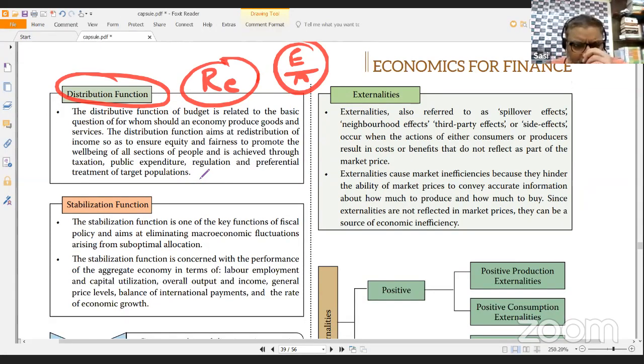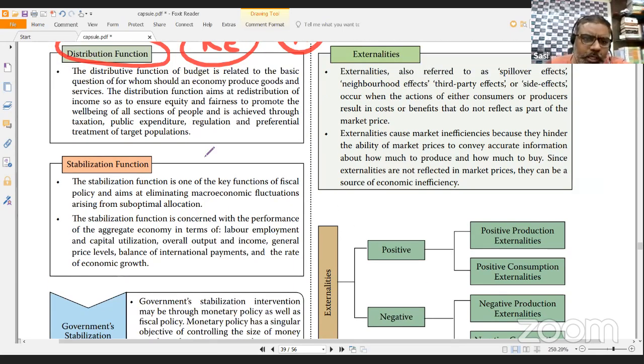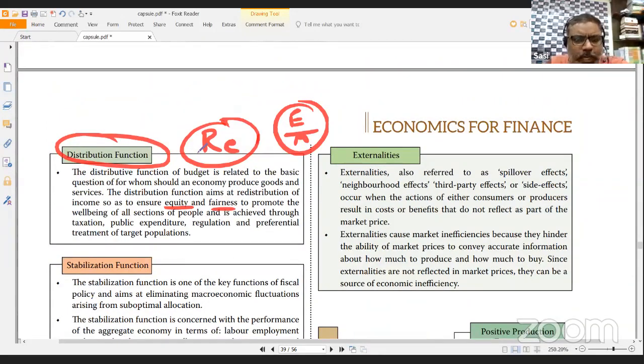So the point is, it is the job of the government, the duty of the government, to do this distribution function, wherein it has to ensure equity and fairness in the society so that it promotes the well-being of all sections of the people. Otherwise, this system will be chaotic. The system will not be balanced naturally.